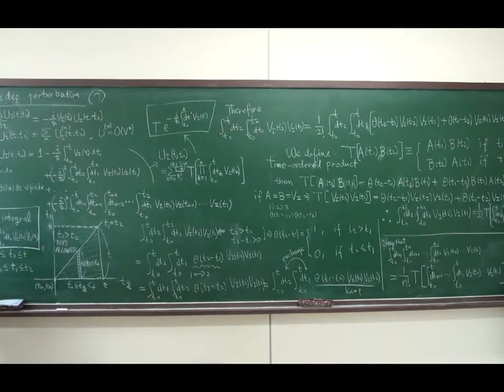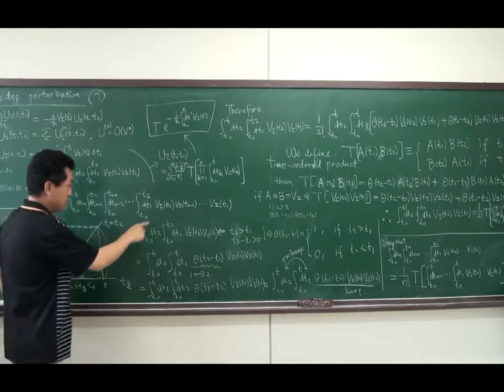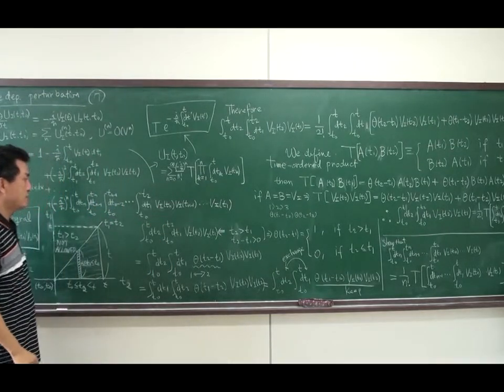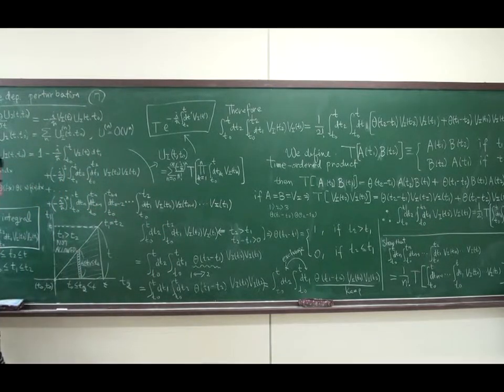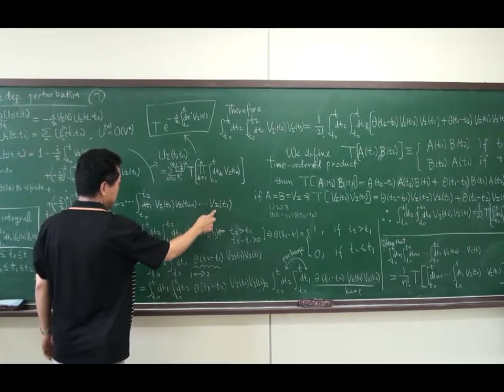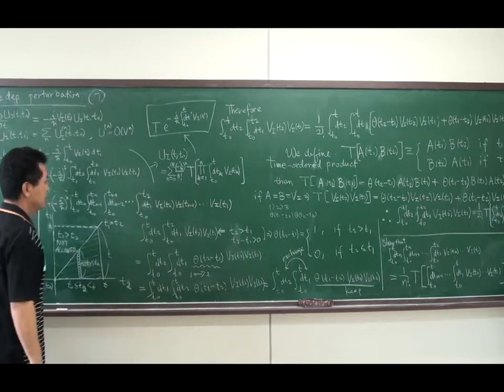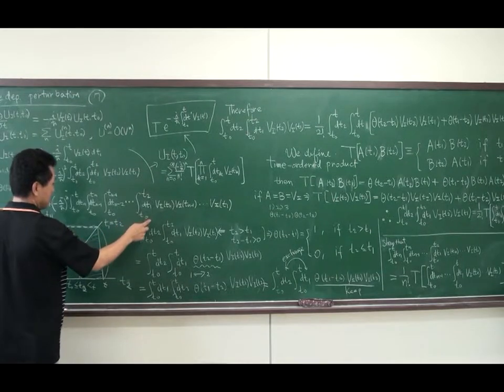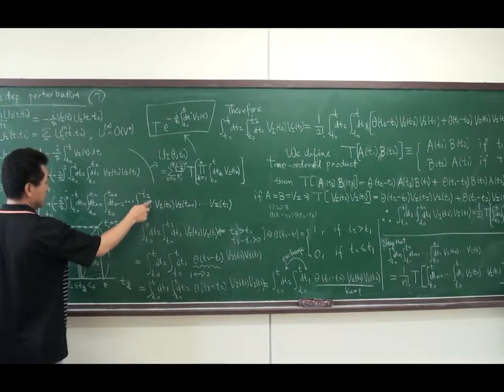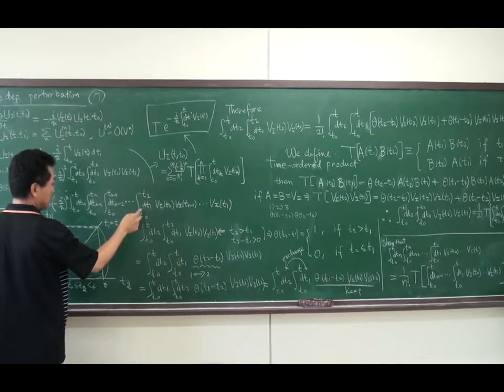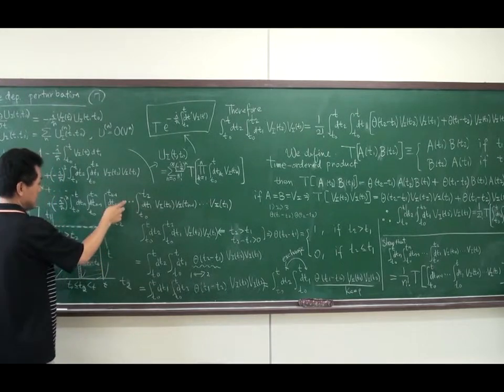And t1 is always less than t2. That is one constraint. What happens to the nth power? This expansion can be related to the order n, and there are products of V_I's of order n. The times t1, t2 to tn, and t1 runs from the minimum value to t2, t2 runs from the minimum value to t3, and so on.